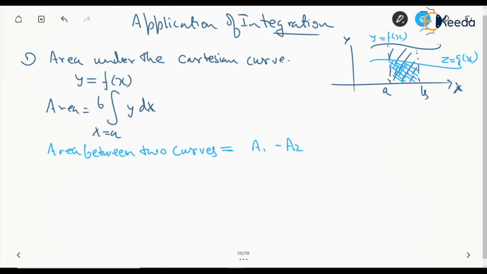This one is a2, this was a1. So this will be nothing but integration of y minus z, integration with respect to x from x is equal to a to b. This will give you the area between two curves.